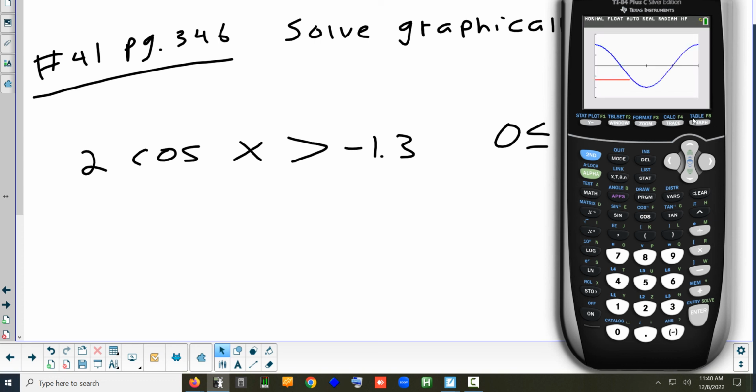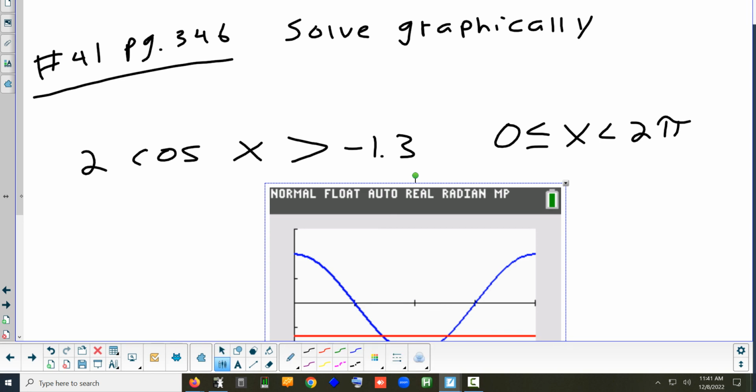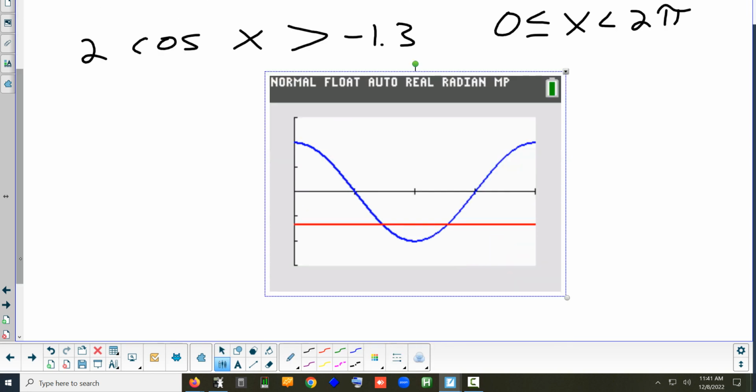So we want to know where the graph of cosine is above -1.3. When we describe where the graph of cosine is above that red line, how many sections do we have to describe? We have to describe 2. We need to describe this section.